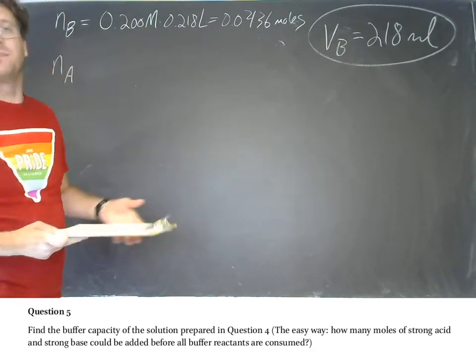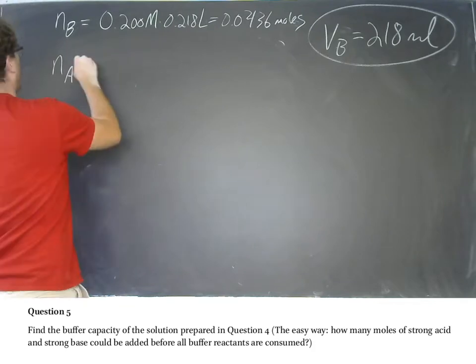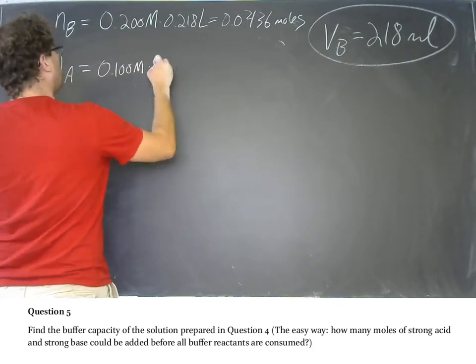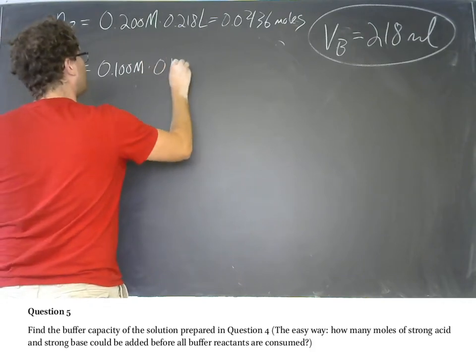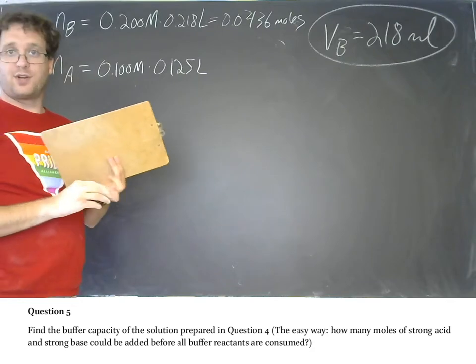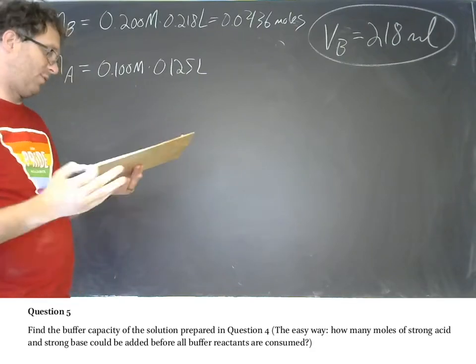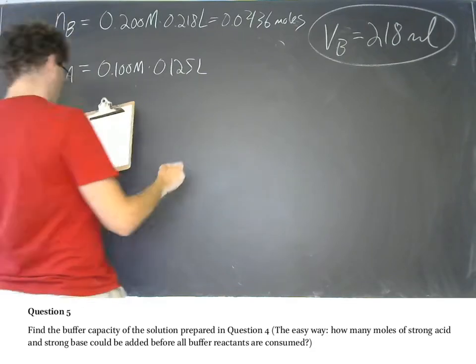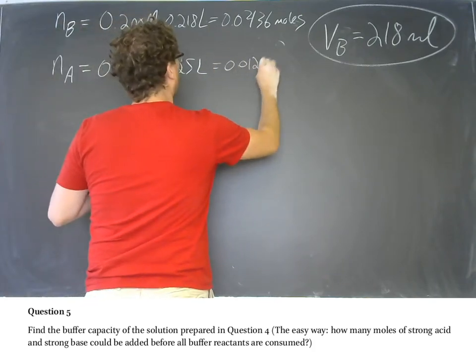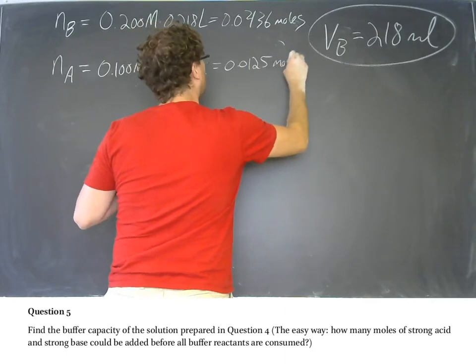And then for the acid, that would be 0.100 molar times 0.125 liters. That's the concentration and volume given in the text of question 4. And that is going to equal 0.0125 moles.